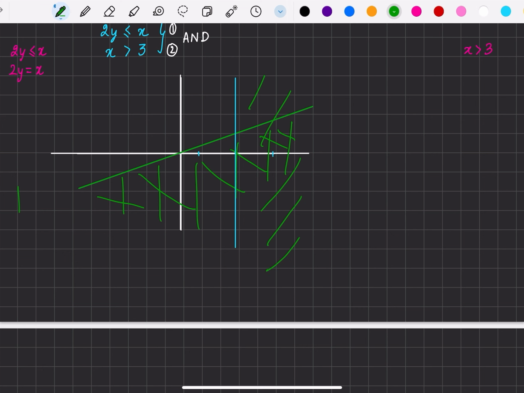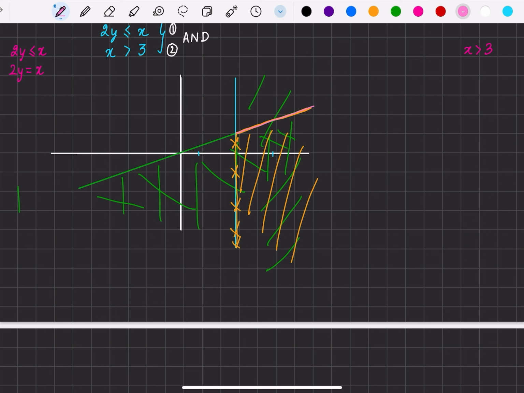What do you think is the set of points that lie in both of these regions? It's basically this set of points. It includes this line, but it does not include this line, so you have to be very careful about this. The solution space is going to be this part.